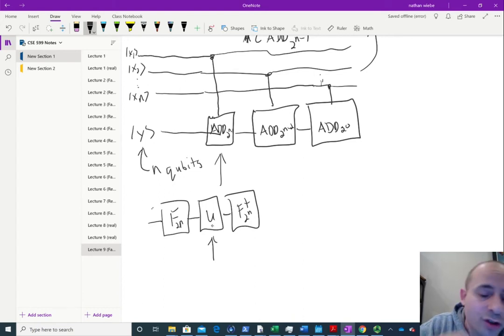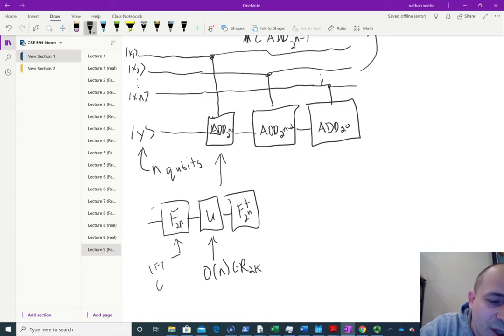This operation U in the middle, as established, contains worst case scenario order n R2K or controlled R2K operations. This consists of, well, just one FT, which we discussed last time, can be implemented using order n squared single qubit rotations and entangling gates. So this also is order n squared.